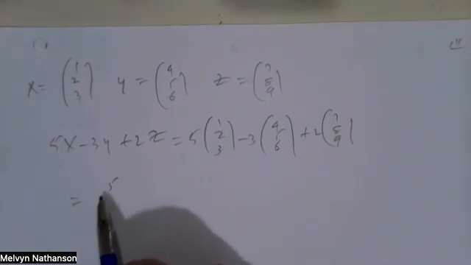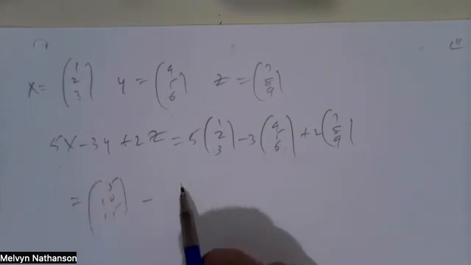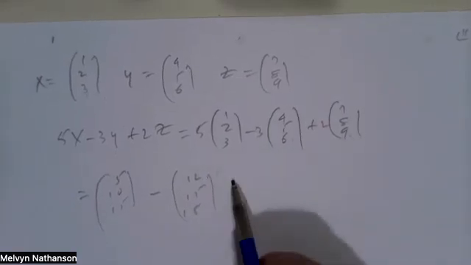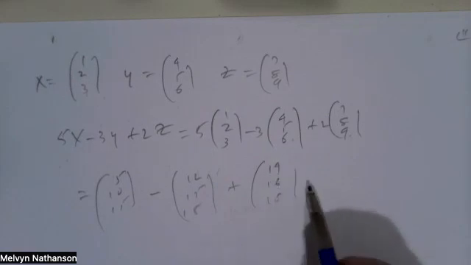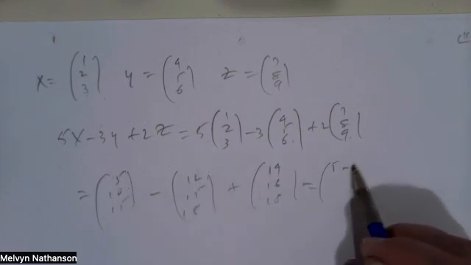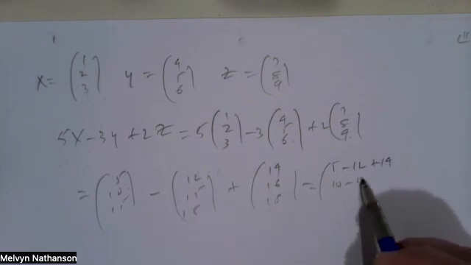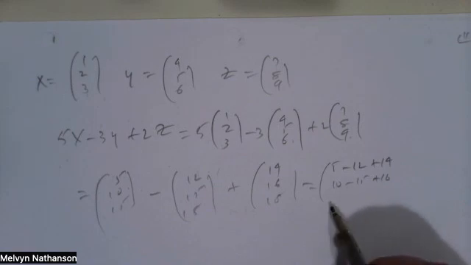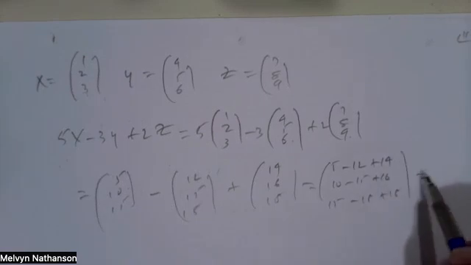5 times this vector is 5, 10, 15. 3 times this vector is 12, 15, 18. 2 times this vector is 14, 16, 18. What do I get? I get 5 minus 12 plus 14, 10 minus 15 plus 16, 15 minus 18 plus 18.